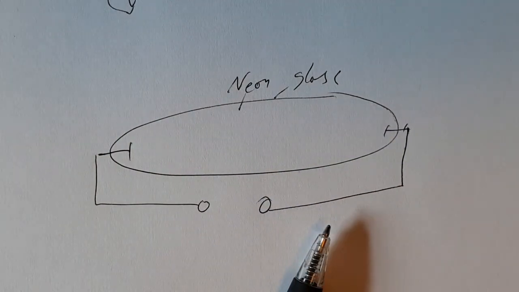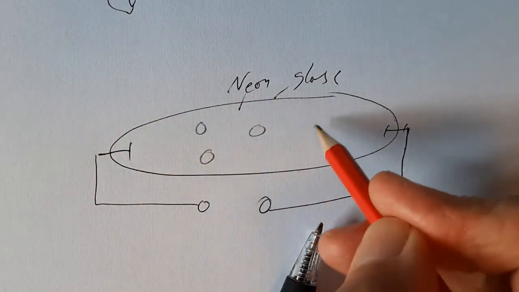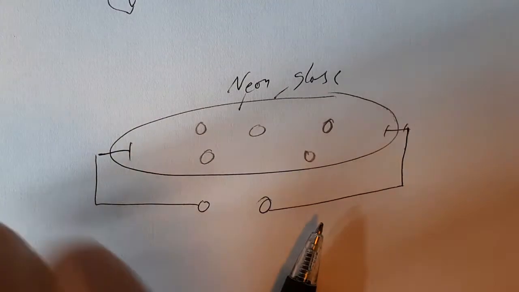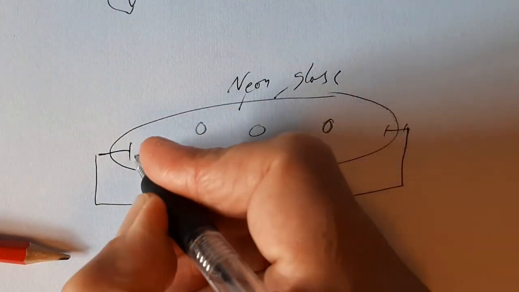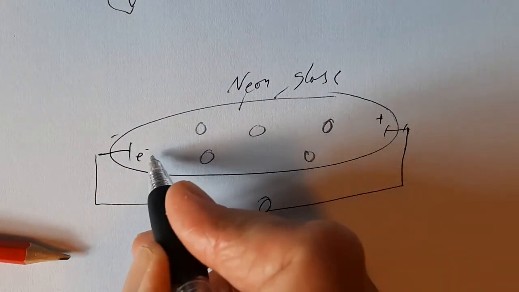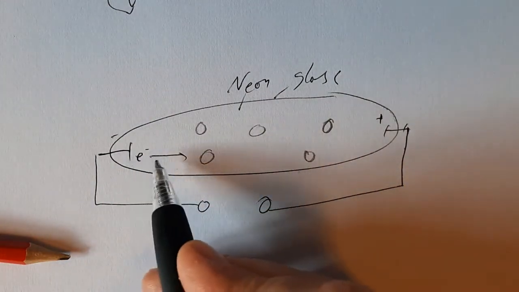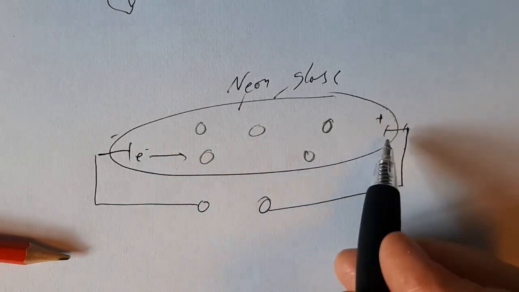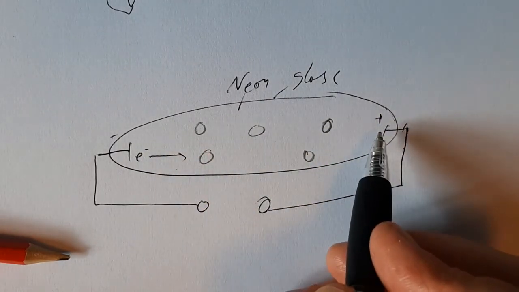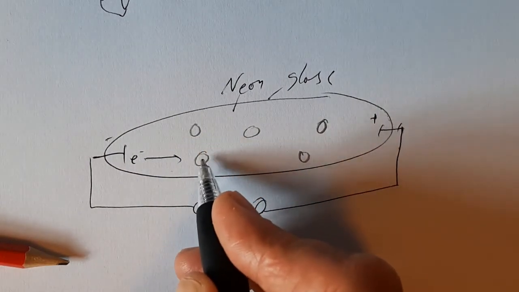So what happens is there are atoms floating around, and an electron, we can imagine this being the positive end, this the negative end, goes shooting off down the tube. It's given kinetic energy by that voltage, by the fact there's positive charge in front and negative charge behind, and it interacts with an atom.